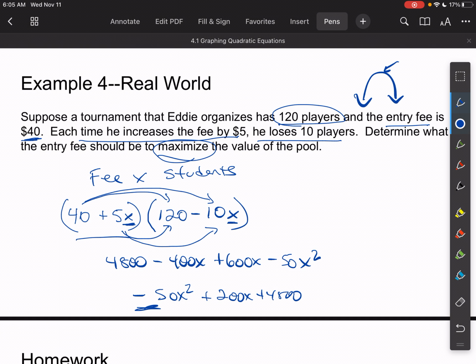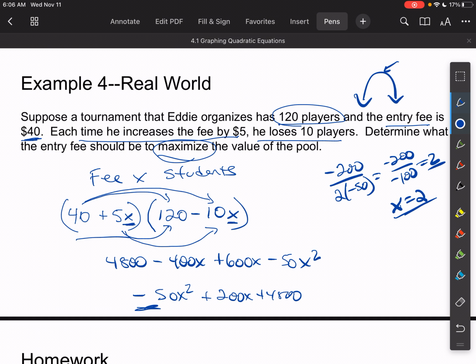Well, let's find our axis of symmetry. So negative b would be negative 200 over 2a, which is 2 times negative 50. Okay, so this is negative 200 over negative 100, which equals 2. Okay, so x equals 2.